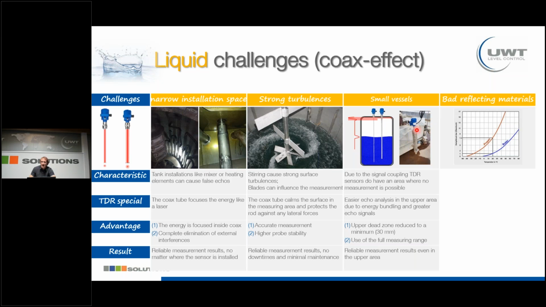It can also be installed in these little tubes, so in these bypass elements. This has the same effect as the coax tube: it focuses the microwave and increases the signal strength. With this type of installation, you're always on the safe side, so this will give you a really reliable measurement.